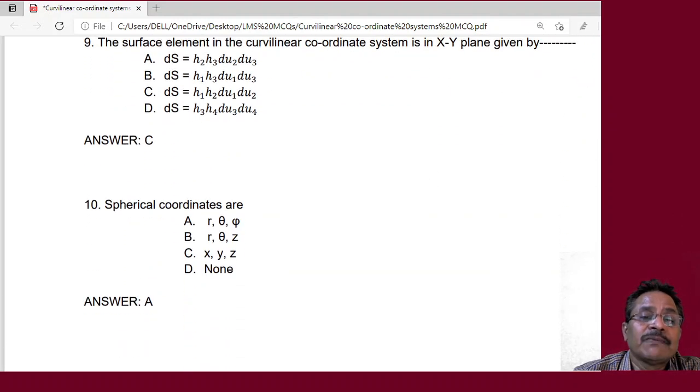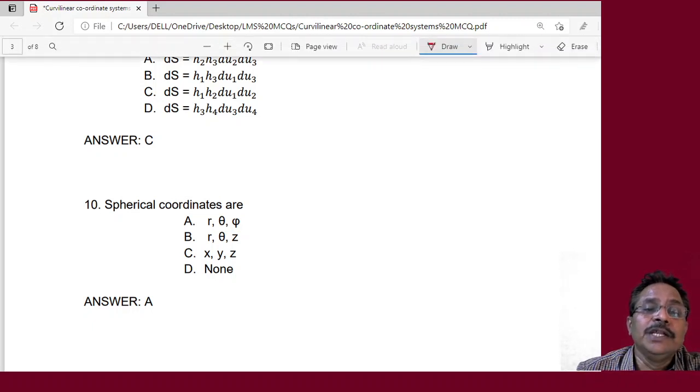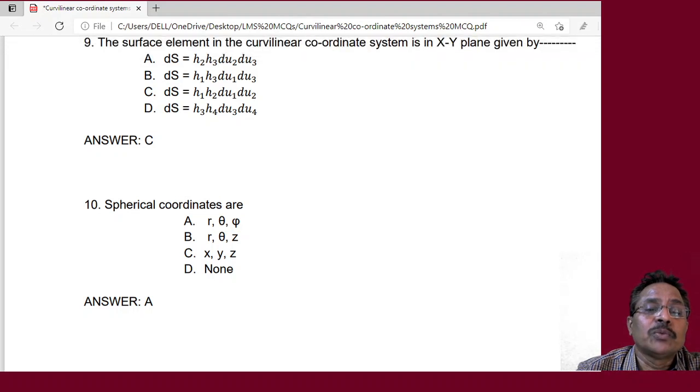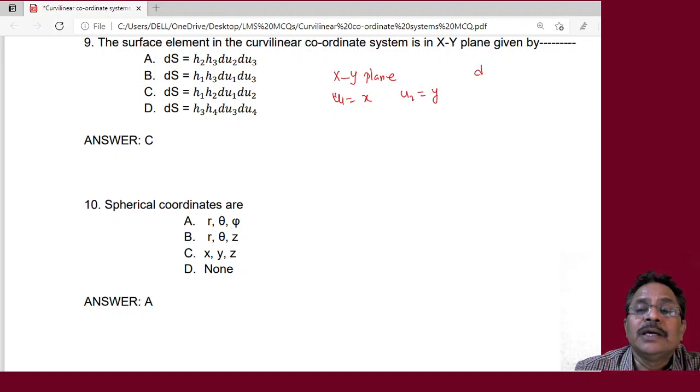Now next, the surface element in the curvilinear coordinate system in the xy plane. It is given by the product of two sides, or the two length elements. We are asked for the xy plane, so I am taking u1 to be x and u2 to be y, and therefore in the Cartesian coordinate system I get ds equal to dx into dy.